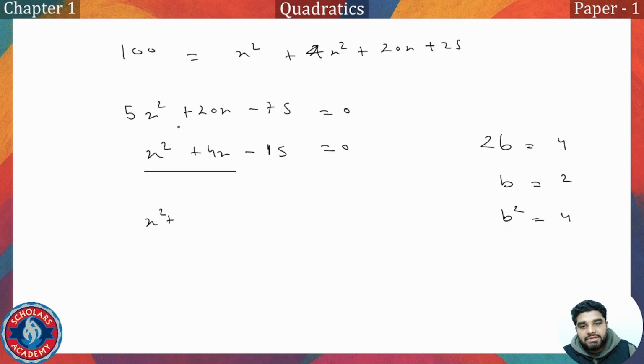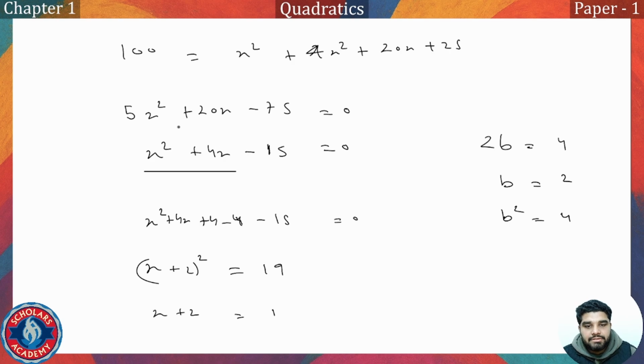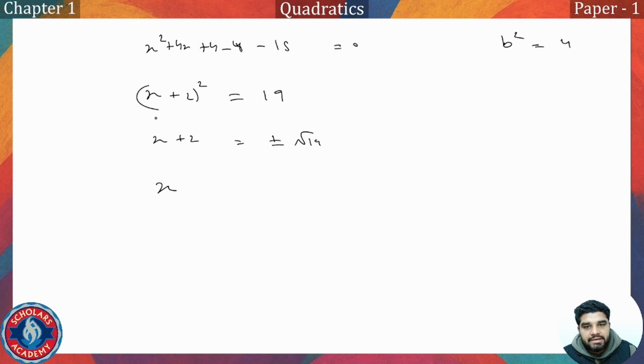So x square plus 4x plus 4 minus 4 minus 15 is equal to 0. x plus 2 whole square is equal to 19. x plus 2 is equal to plus minus root of 19. And x is equal to minus 2 plus minus root of 19. So this is our final answer. I hope it is clear.